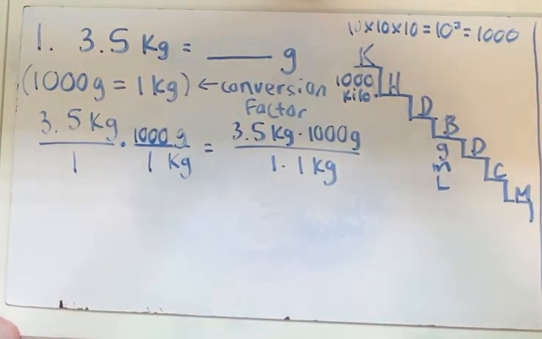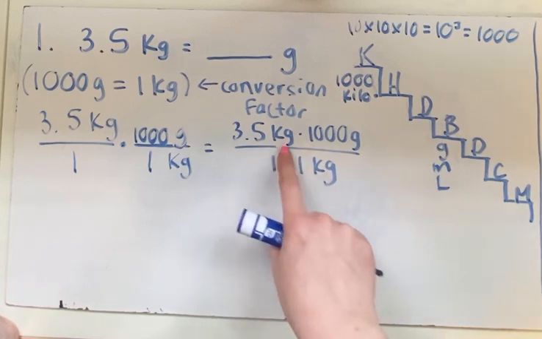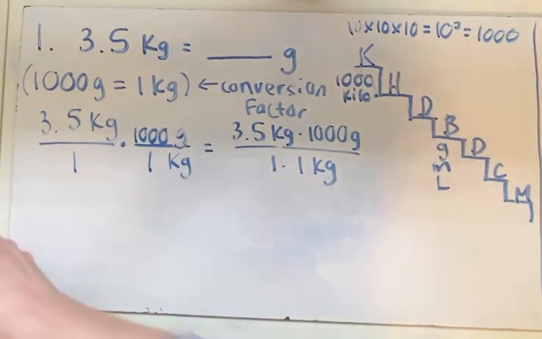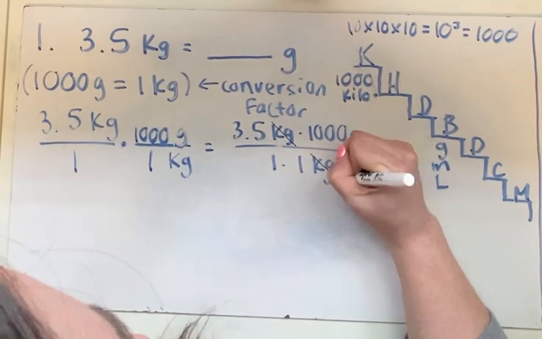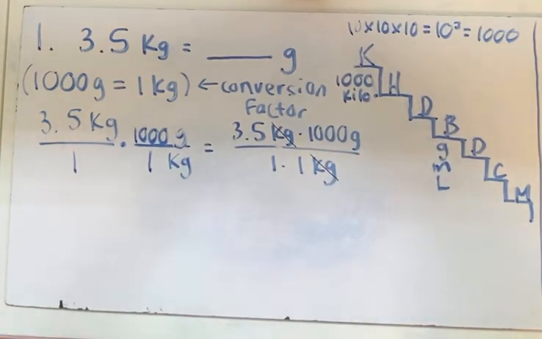All right, so now I want you to look at this fraction, and you should be able to see something that's in the bottom that's also in the top of the fraction. Do you see it? Yeah, it's this kilogram part. Okay, so what we're going to do next is we're going to cancel the kilograms because of what I said before, that these things cancel because it's the same on the top as on the bottom of a fraction.